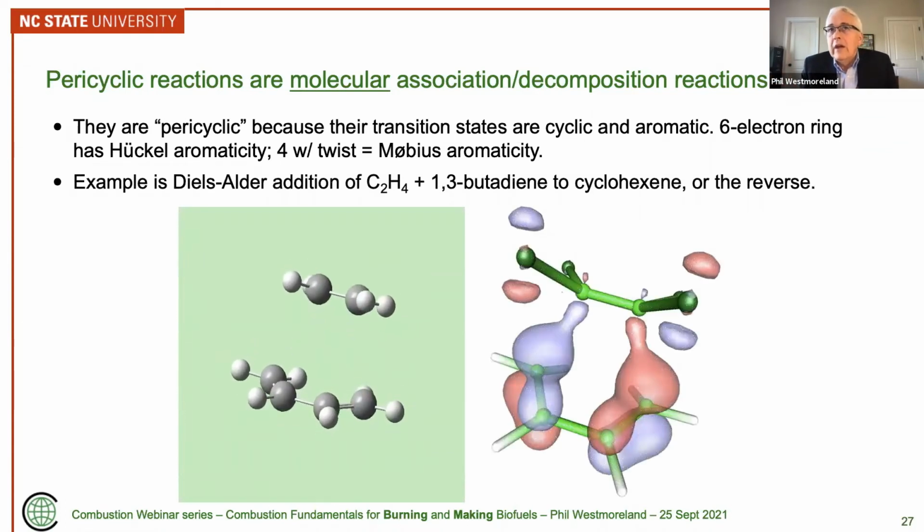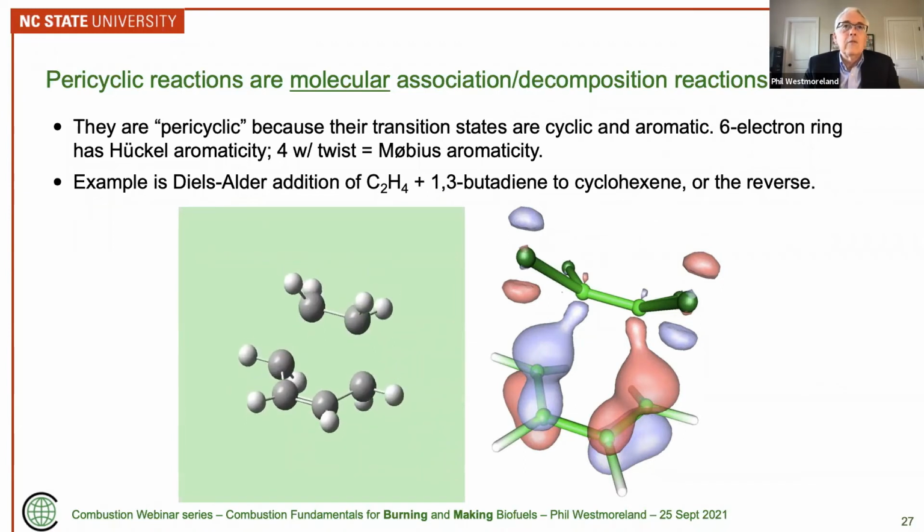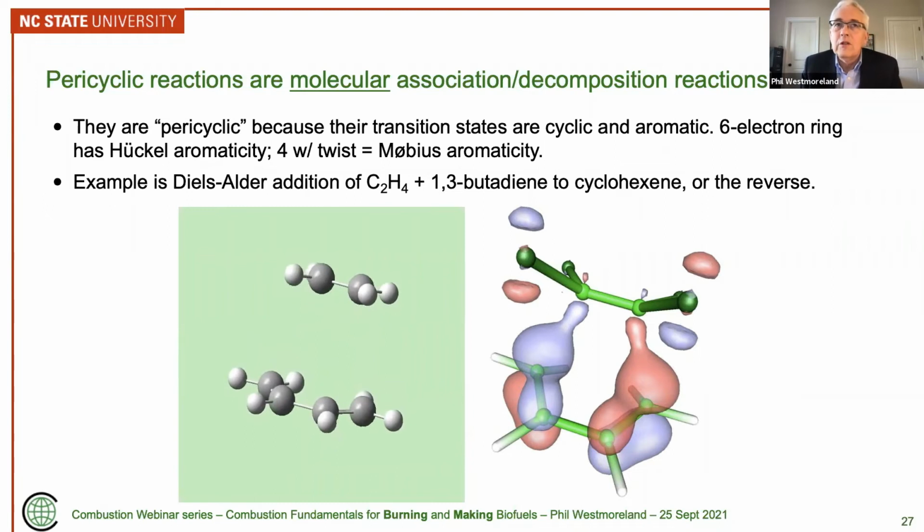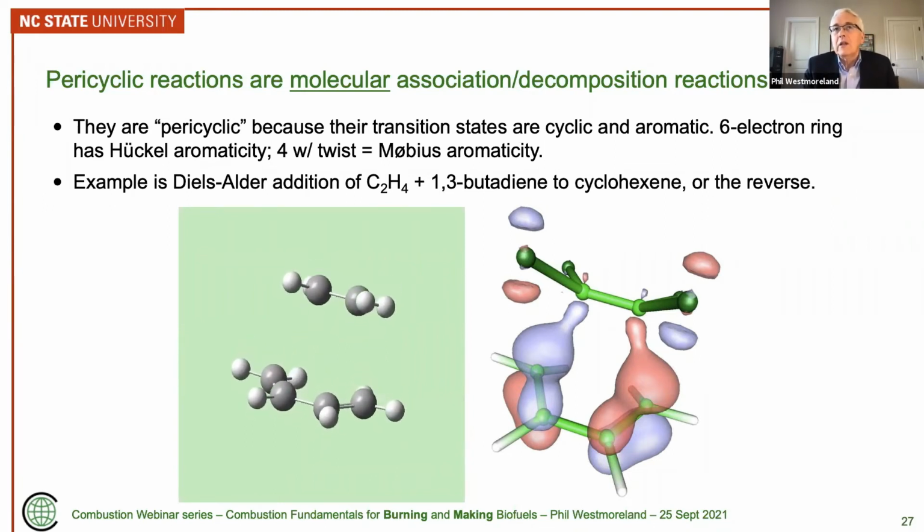A Diels-Alder reaction is something the combustion community is familiar with. Irv Glassman in the 80s was really focused on, could we understand the formation of benzene by the reverse Diels-Alder reaction, having ethylene react with butadiene or acetylene react with butadiene to make a ring species.